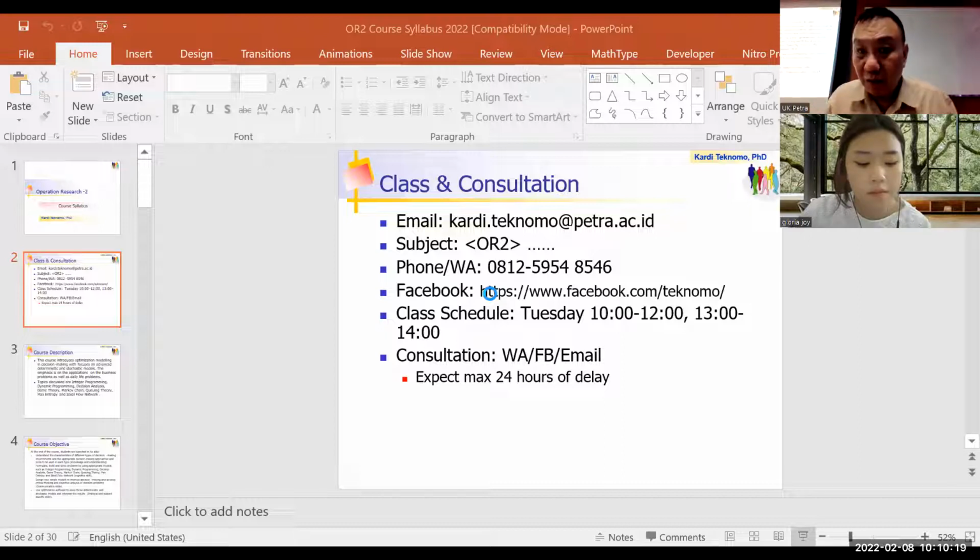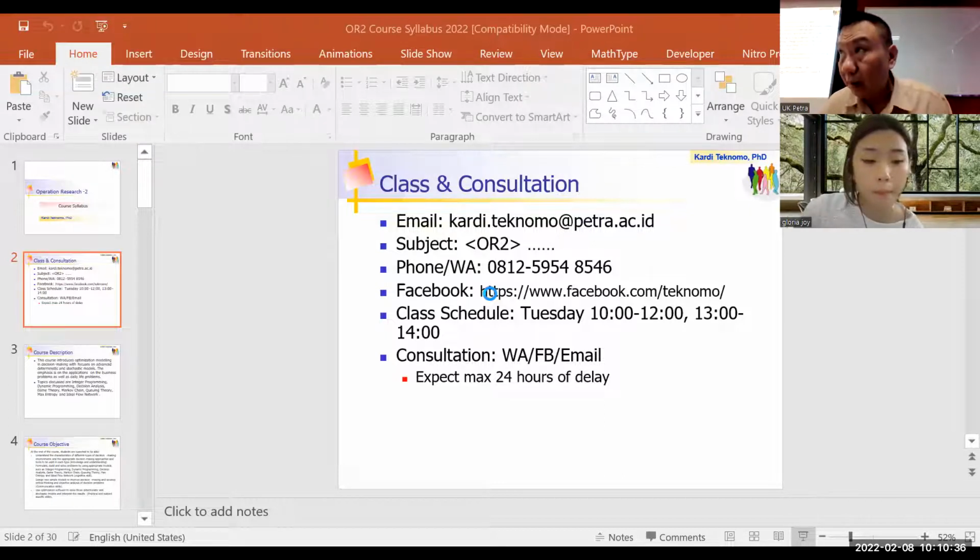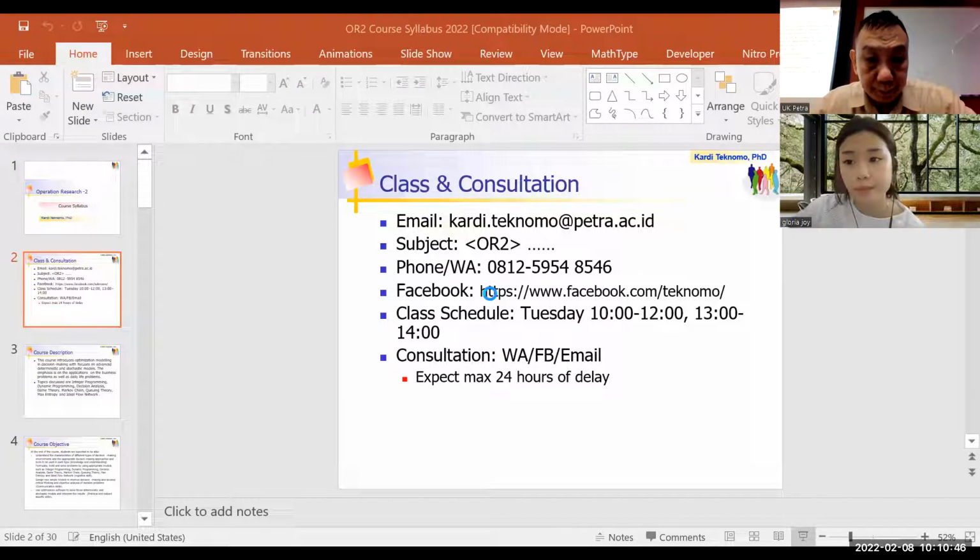The last part is for your project. You will use optimization software. We can use Solver, but you can also propose something else. Suppose you want to use Python, or MiniZinc, for example, or MATLAB. It is up to you.